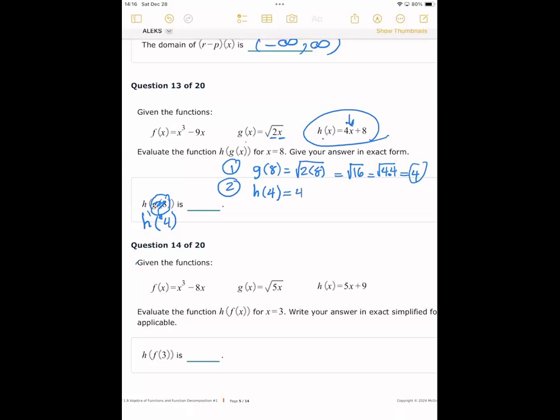So you have 4 times 4 plus 8. 4 times x becomes 4 times 4, which is 16. And 16 plus 8 is 24. So the answer is 24.